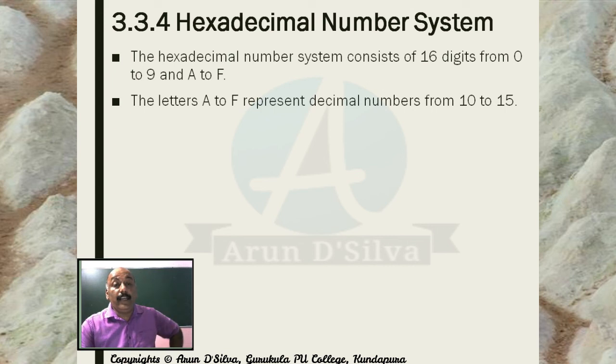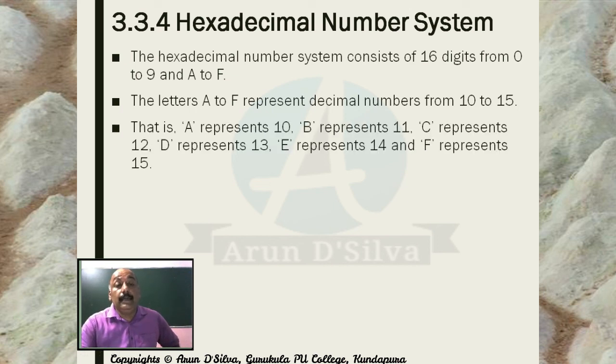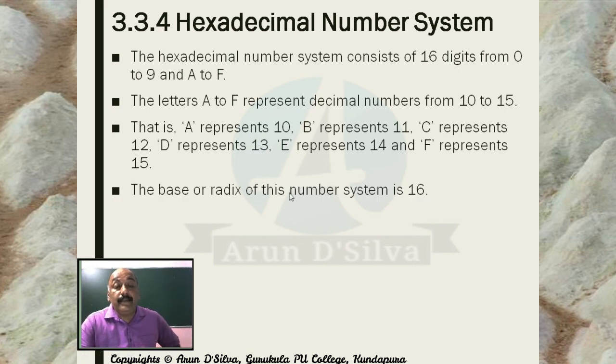Now A to F represent 10 to 15. So A value is 10, B value is 11, C value is 12, D value is 13, E value is 14 and F value is 15. These values are given to them, and that's the reason the base, or radix, of this number system is 16.